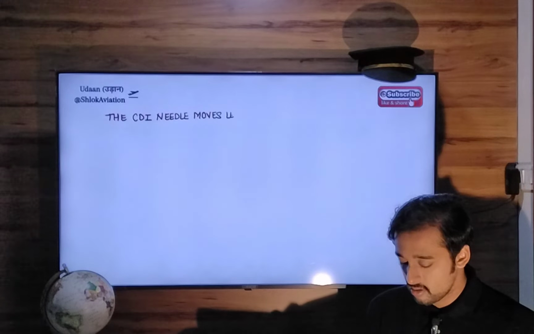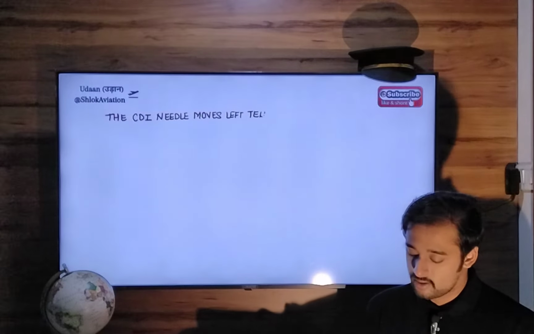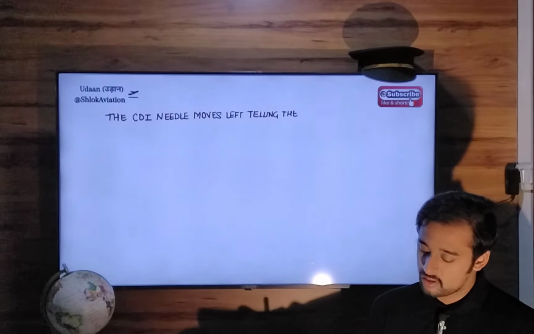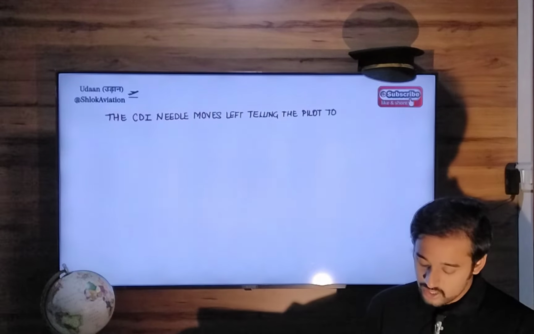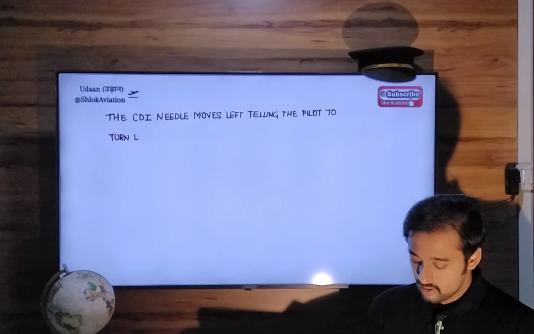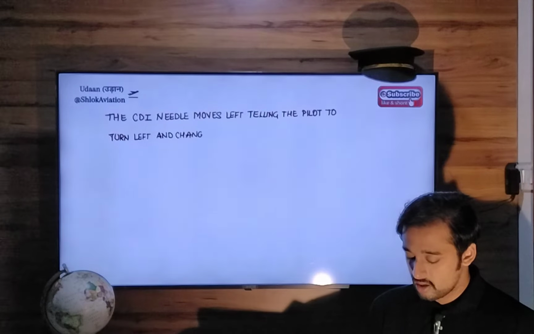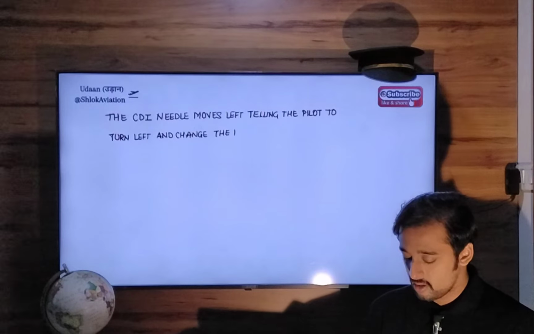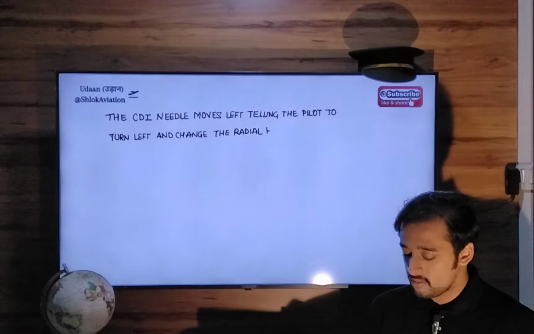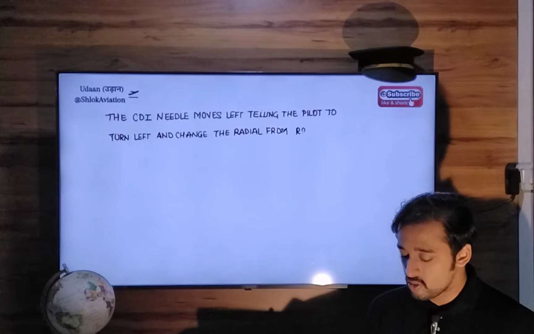So I will write it in words. The CDI needle moves left, telling the pilot to turn left and change the radial from radial 263 to radial 271.